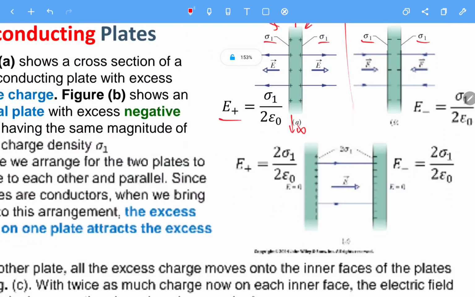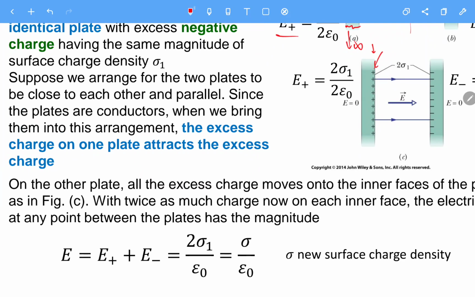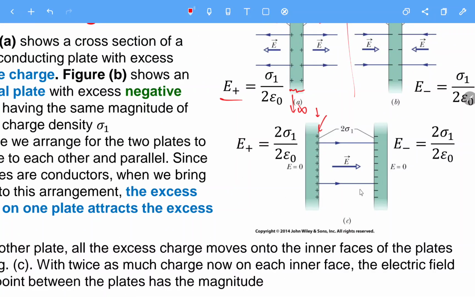So for part C, we try to place these two structures together. Then all the positive charge will go to the right surface, and all the negative charge will go to the left surface. They will attract each other. In this case, the new sigma, which later on we will call sigma, will become 2 sigma 1.